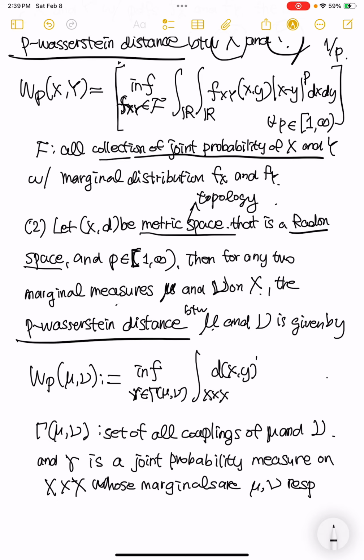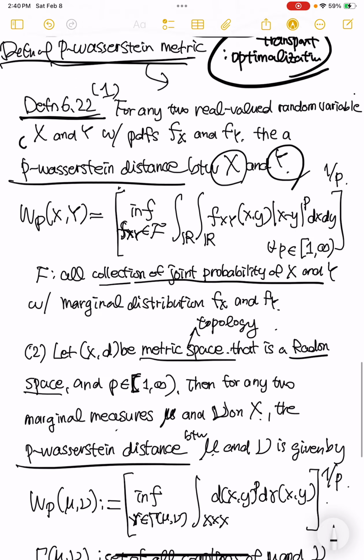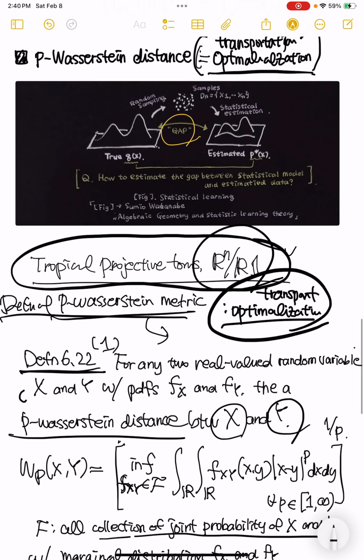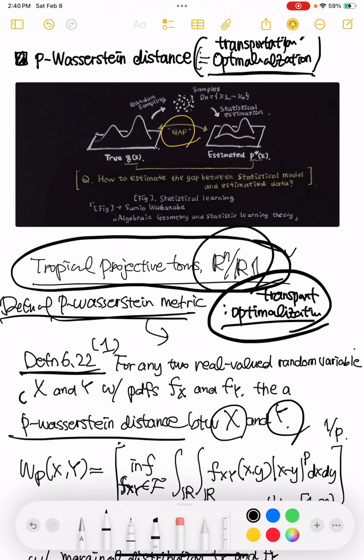Anyway, I know the definition is so abstract, but I will explain the definition of the p-Wasserstein metric, and in the next lecture 7, by introducing the tropical projective torus, I'll explain how it is related to optimization.